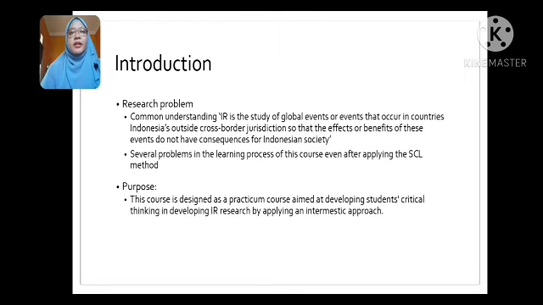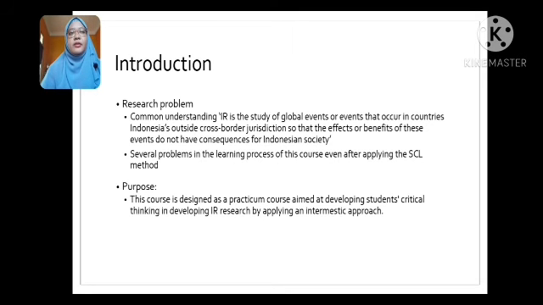In general, lectures apply the student-centered learning method by combining lecture methods, small group discussion, assignment, and presentation. However, there are still several problems in the learning process of this course. First, some students tend to be passive, although some are very active and responsive in lecture.